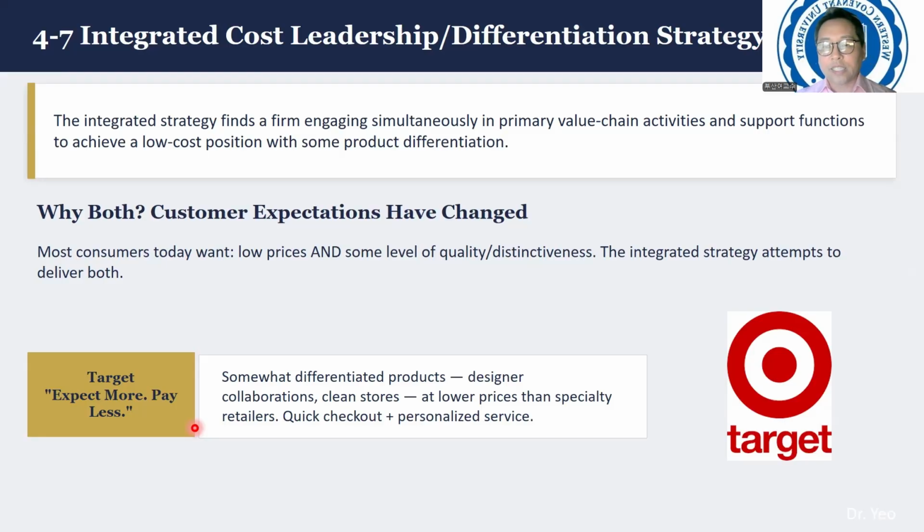So what does a successful execution require? Okay, we want to learn how.